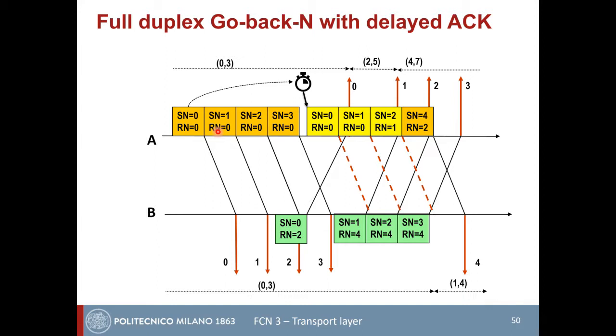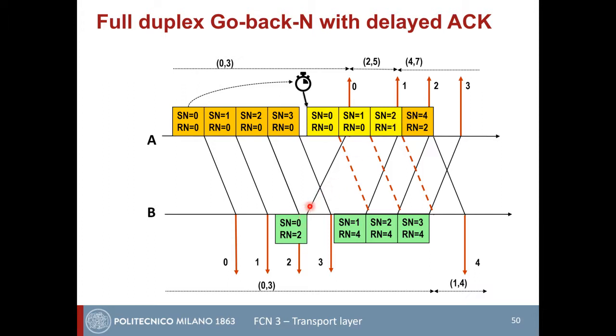And before, A had also reached the top of the window, so it had to stop transmitting. So A starts the retransmission mode and starts retransmitting all the frames, the content of the window, so Sn equal to 0, 1, 2.